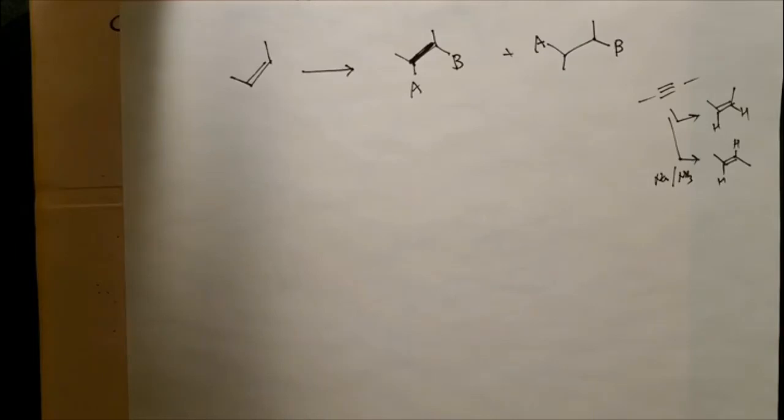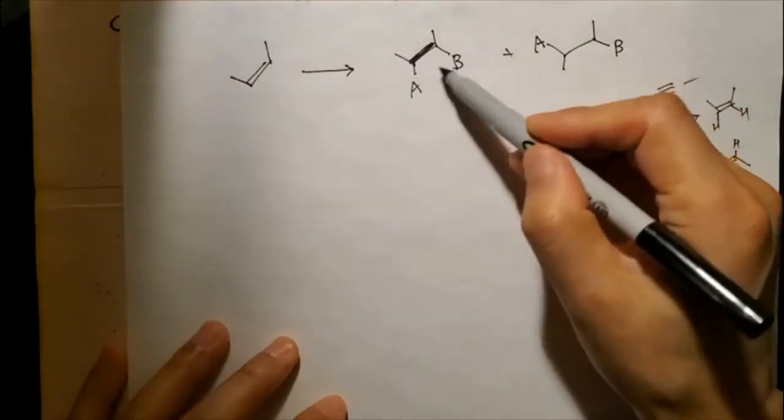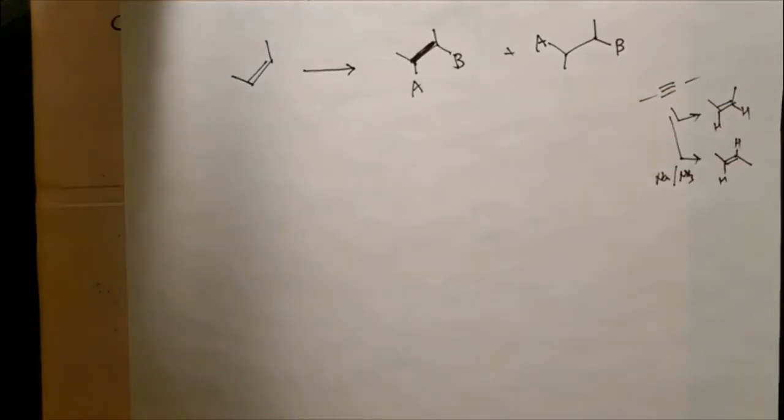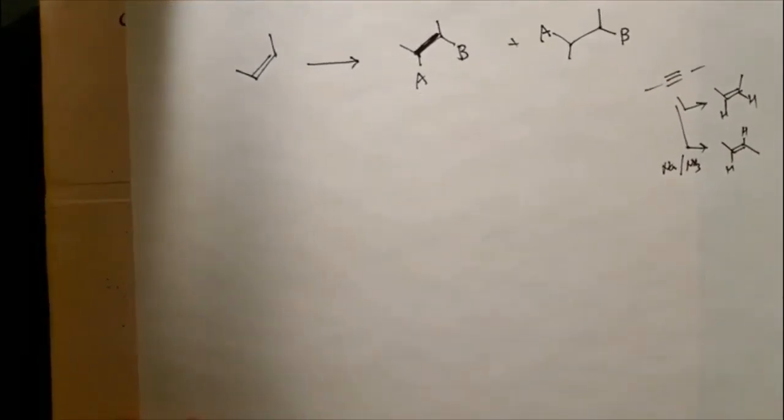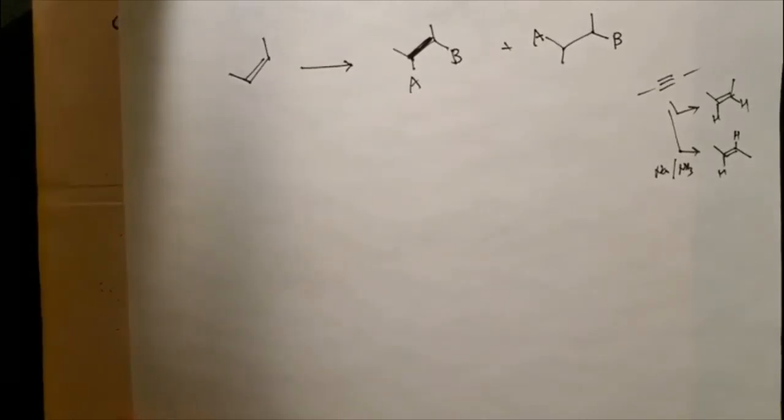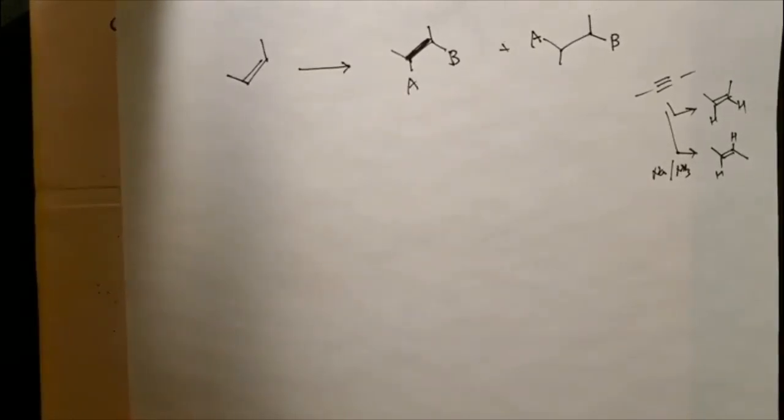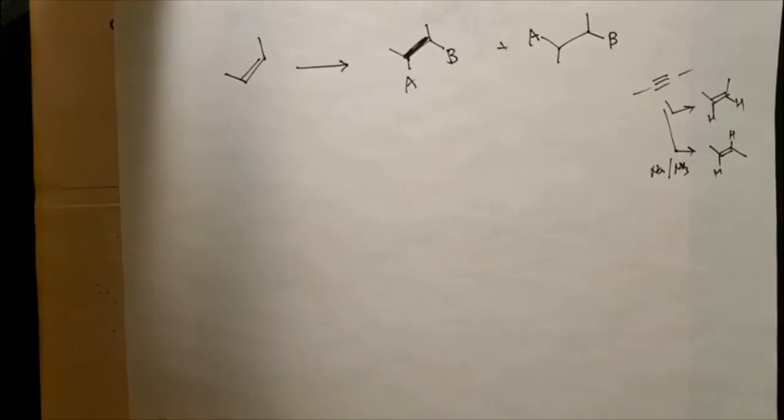Okay, for a double bond, having two things as a syn, we had hydrogens, H2 addition to it with a catalyst. And also we had the borohydride case where we add anti-Markovnikov addition of OH as a syn. So one hydrogen and the OH will be added as a syn.